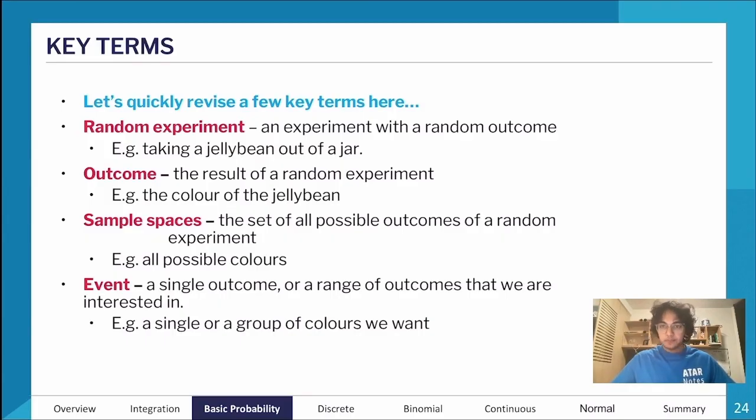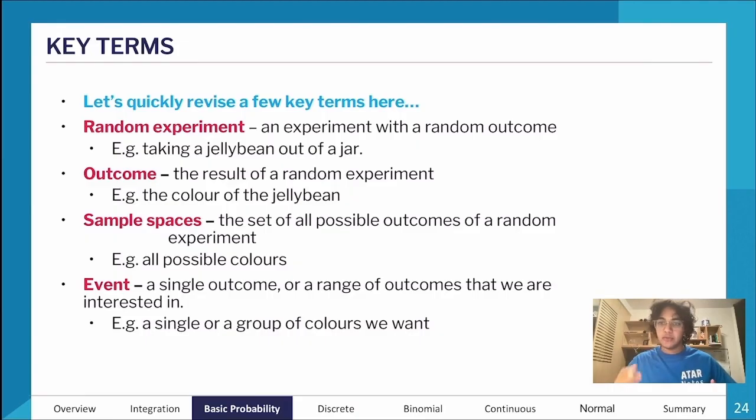Sample space is every possible outcome of a random experiment. So maybe in my bag of socks, I have socks that are colored red, blue, and green. The sample space would be pulling out a red sock, pulling out a green sock, or pulling out whatever other color I said. And an event is a single outcome.